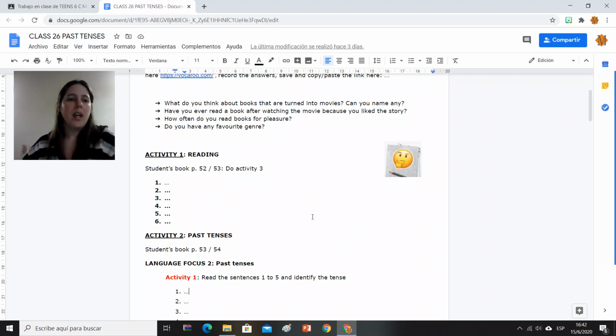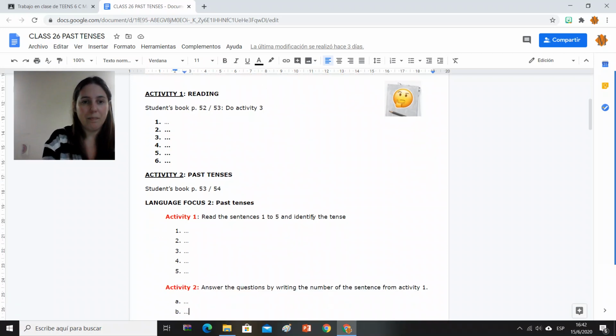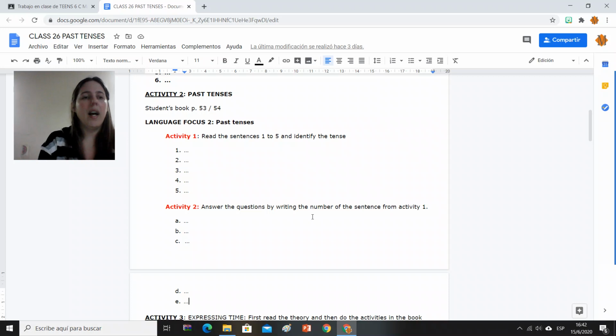Okay, then we're going to continue working with past tenses. So you're going to continue working on page 53. Okay, we are here in the language focus section. And activity number 1 says, look at the following sentences from the extract and name the underlined past tenses. The options are past simple, past continuous, past perfect simple, or past perfect continuous.